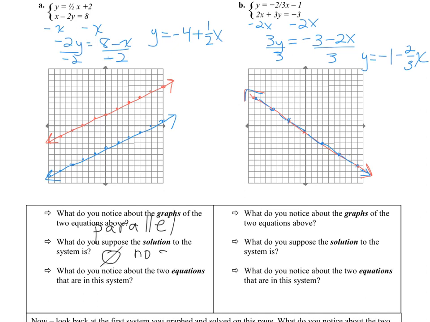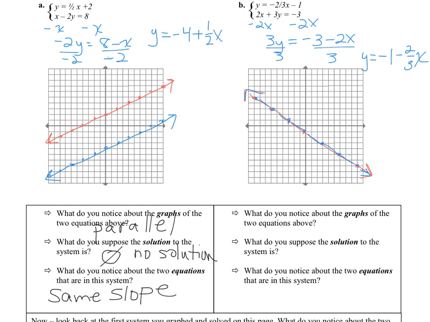So either way, when two lines are parallel, they have no solution. And then the two equations in the system, you just recently learned this, so if two lines are parallel, you know that the equations are going to have the same slope. So if you notice that two lines have the same slope but different y-intercepts, then they're going to have no solution.